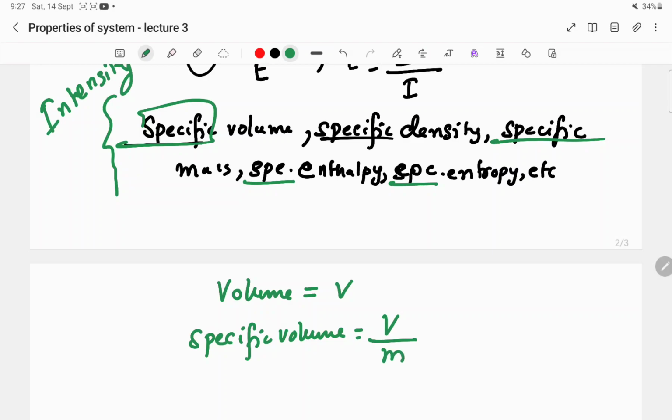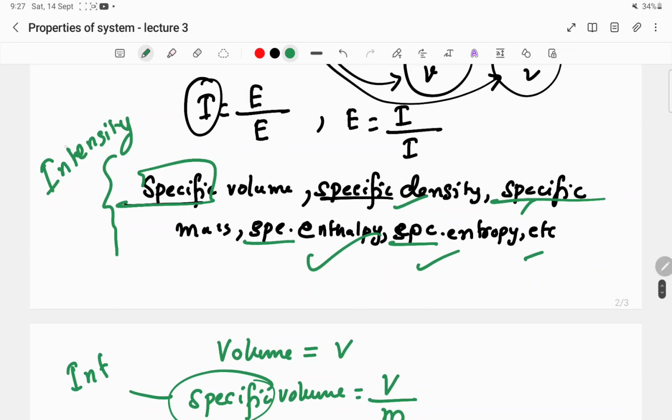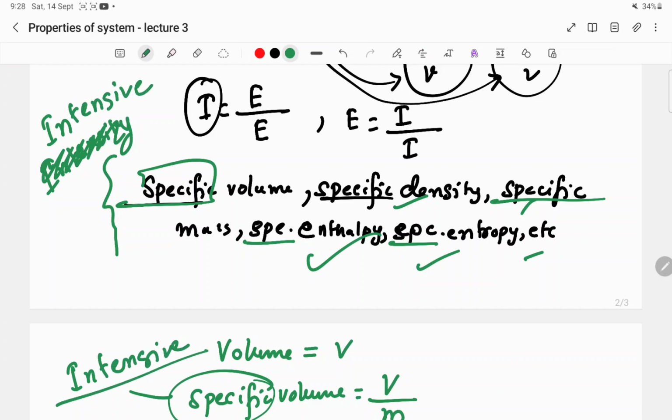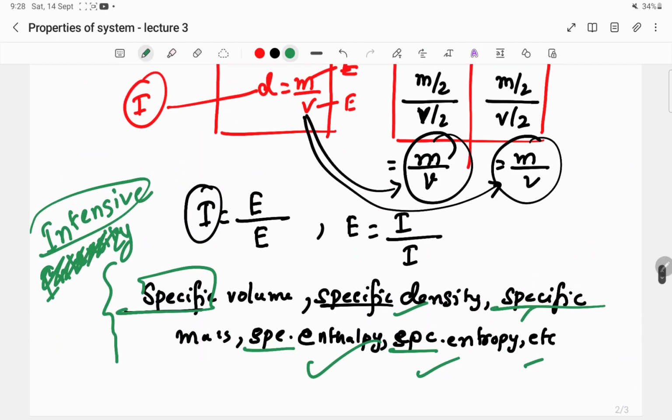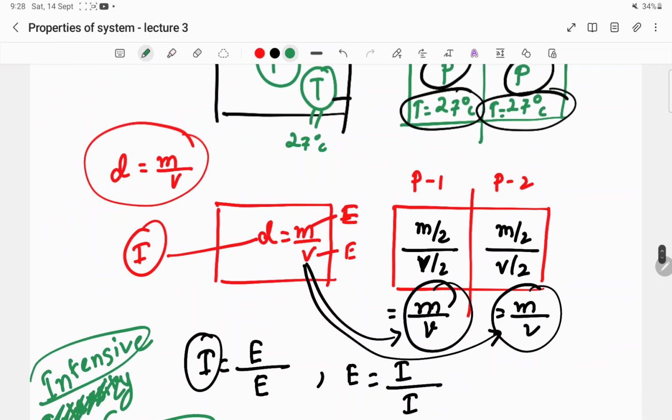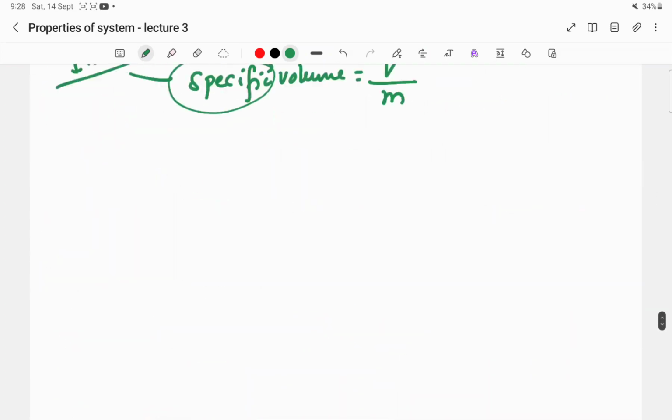In case of all the other intensive properties with the word specific, like the density, again divided by m, or properties like specific enthalpy, specific entropy, if that property is divided by m, that becomes specific, and it tells you it is an intensive property. Okay, intensive property. So I hope you are clear with these two.